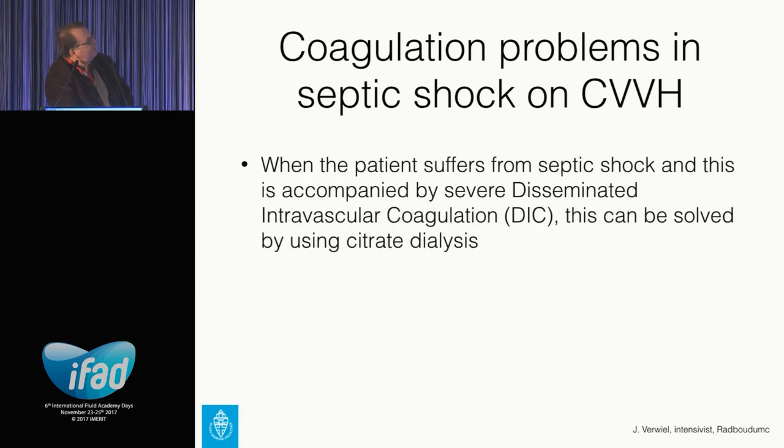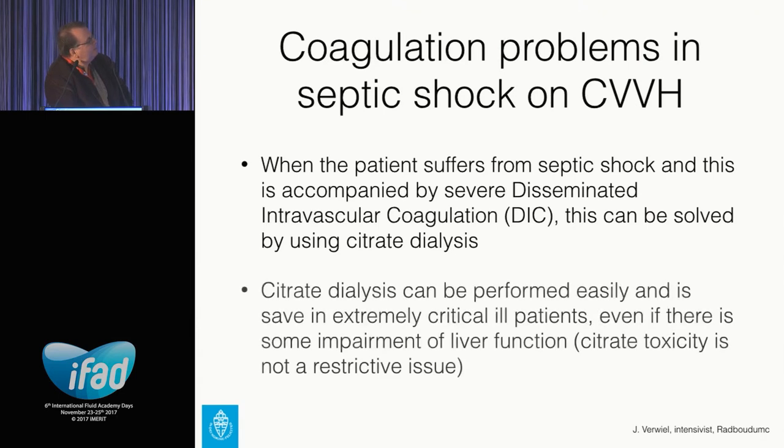How do we solve this? This is very easy. We solve this by citrate dialysis, and this is working very perfectly. So we can do it in the same machine, not a problem at all, and even when there is some impairment of liver function, where citrate toxicity is a problem, it is not a restrictive issue.